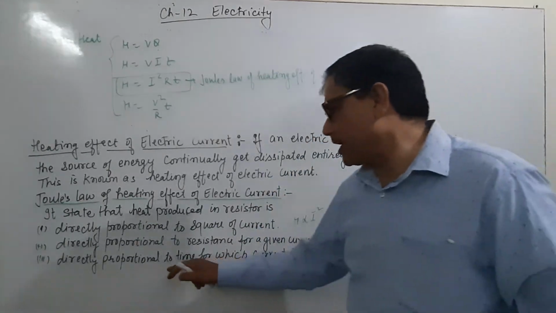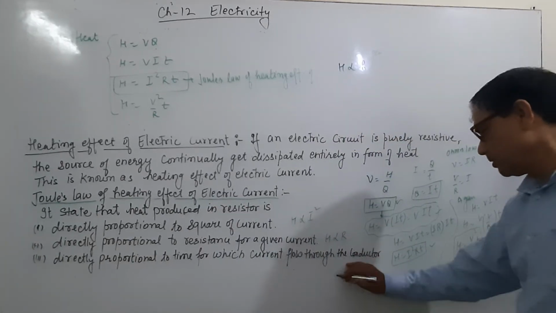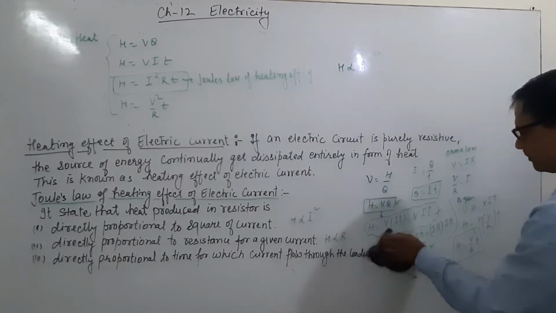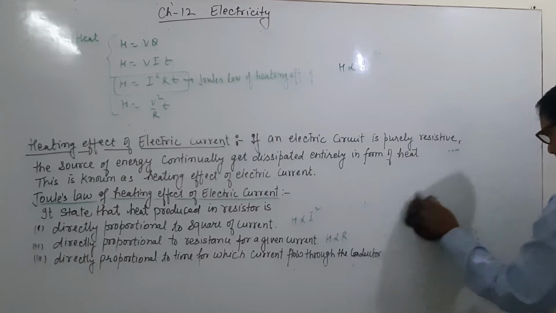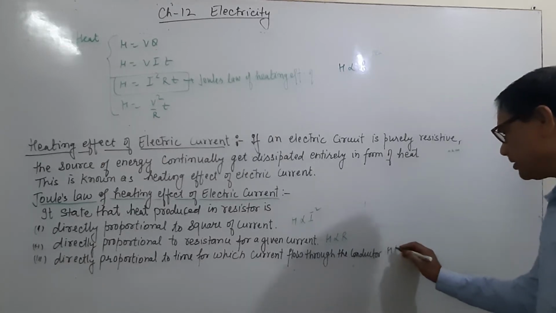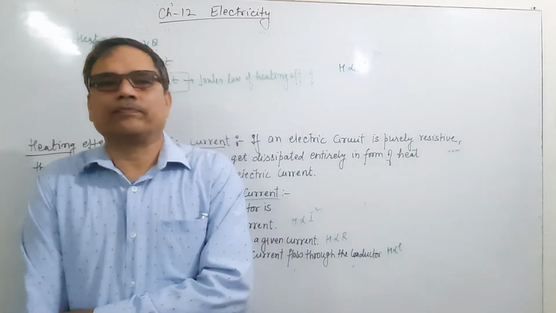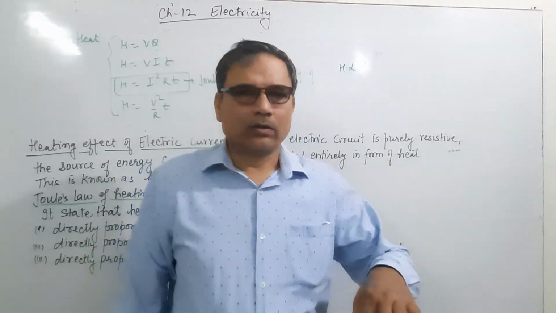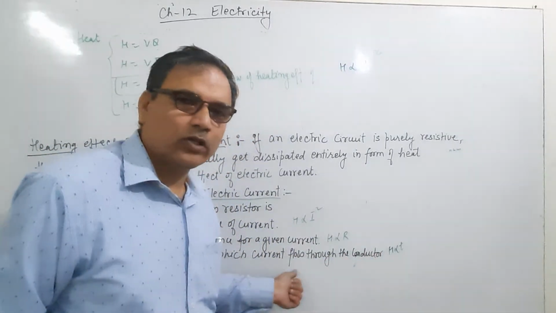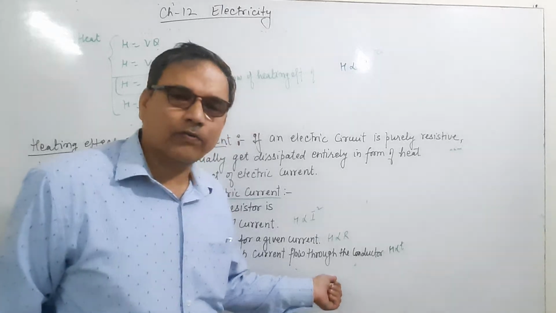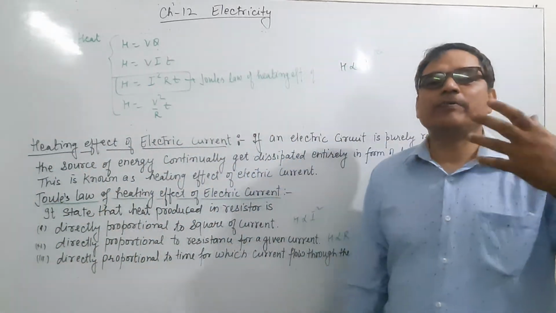And the third point is that heat is directly proportional to the time t. Heat is directly proportional to the time. This means when we increase the time for which current flows through the resistance for the same current, the heat energy will be more and more.